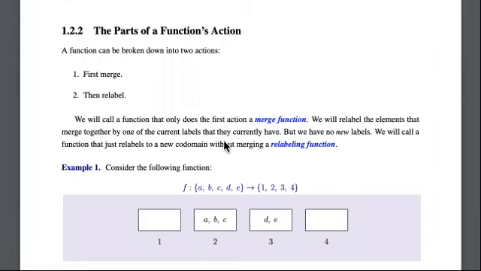Okay, so a function, we can think of first in the process of merging, then relabeling. Let's just first merge. So we stay within the same domain set, merge different domain elements together, and then we'll relabel to the codomain set. So stay in the domain first, then move to the codomain set.